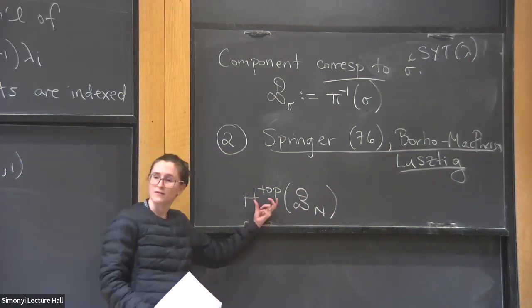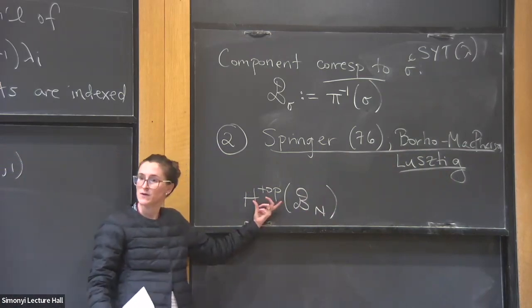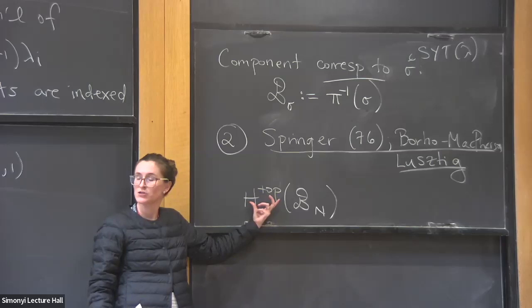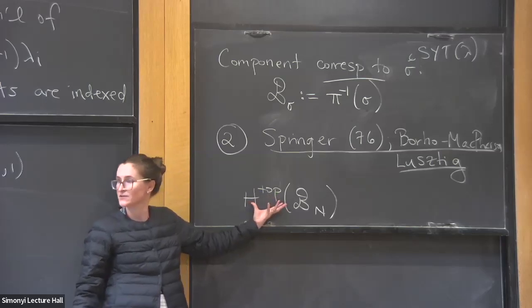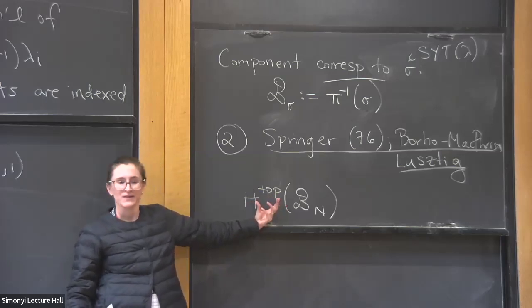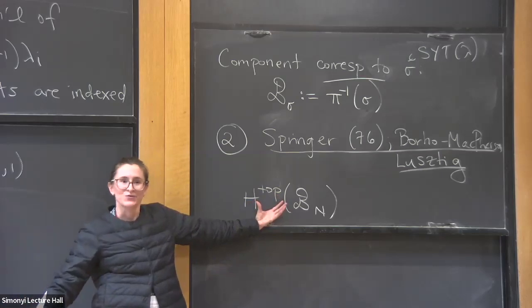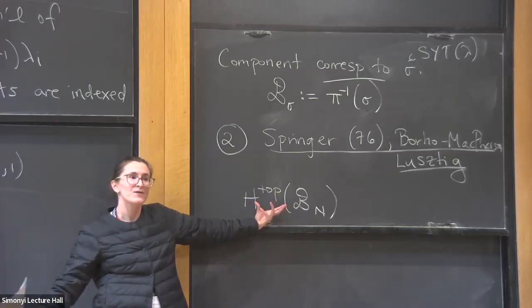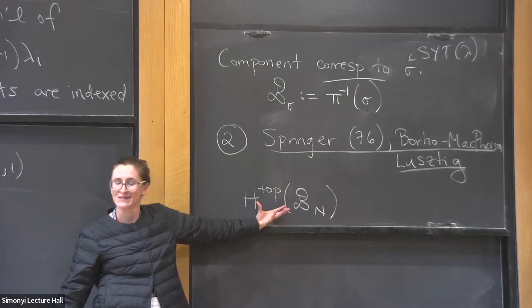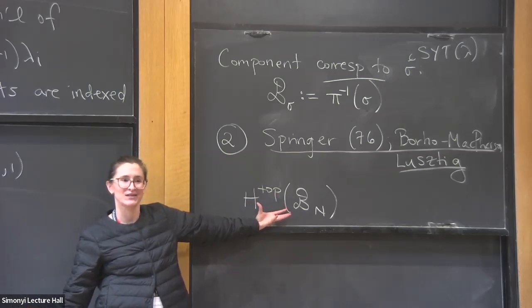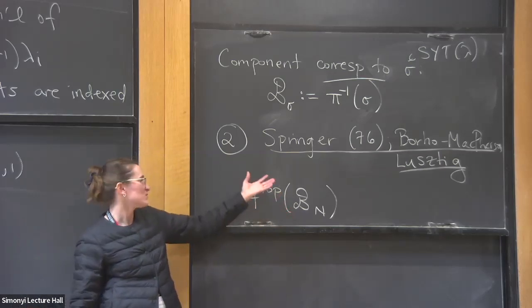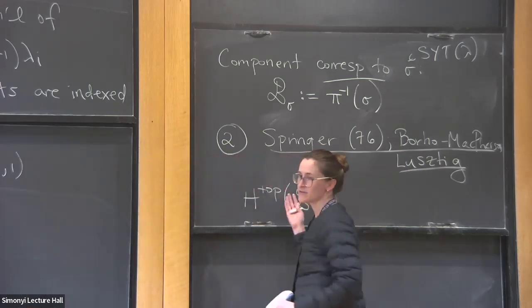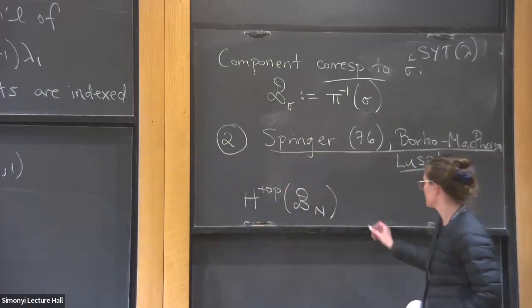So the top dimensional piece of your cohomology has dimension equal to the number of standard tableaux of shape lambda. And lots of folks in this room like the symmetric group. So what other vector spaces do you know that have that dimension? Well, irreducible representations of the symmetric group. And so the key result is that this is an irreducible representation of this.